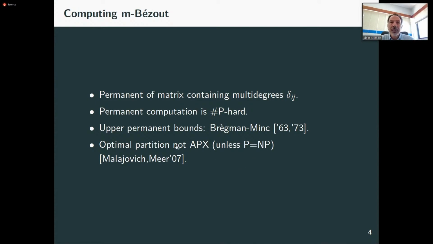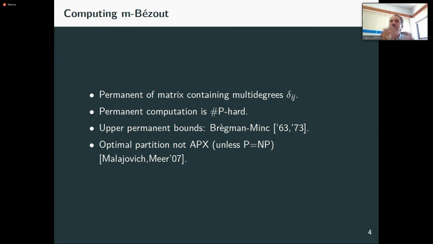So the optimal partition of variables, the partition that will minimize the m-Bézout number for a given arbitrary polynomial system, cannot be approximated in polynomial time. It's not fast approximable, let alone computed exactly, unless, of course, P equals NP.